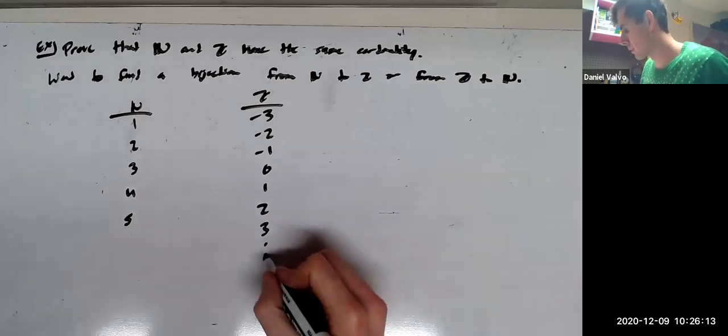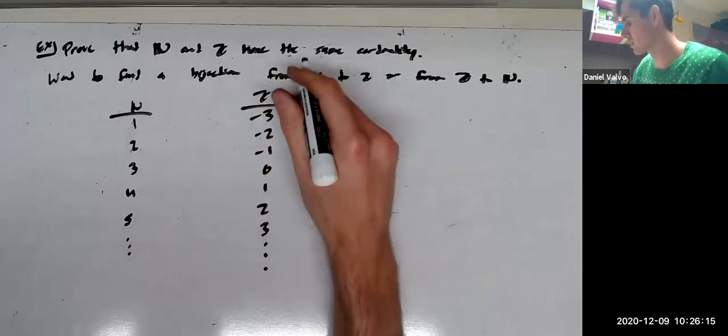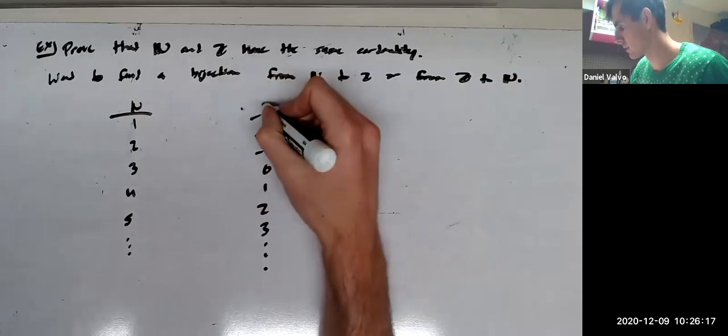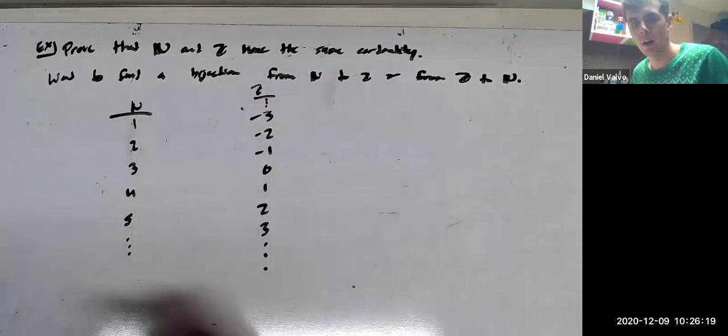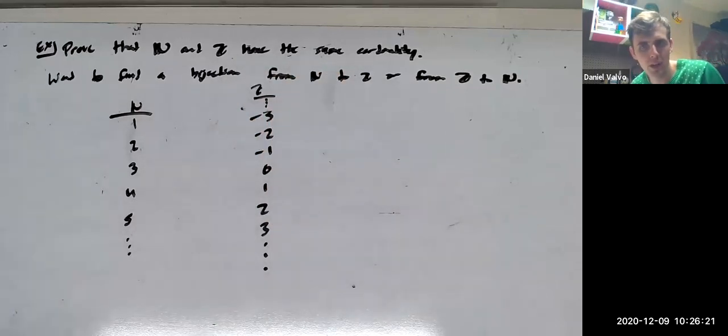And these both go on. Z goes on in both directions. How could we pair these up with a bijection? That's kind of a natural thing to do. And we wanted to go from here to here.